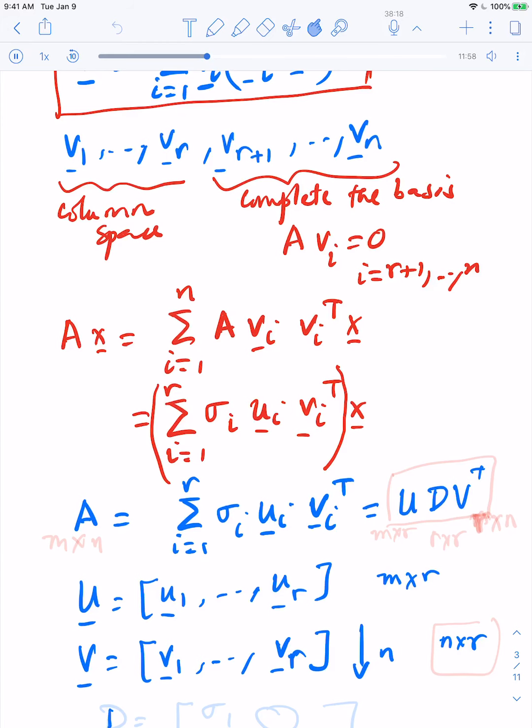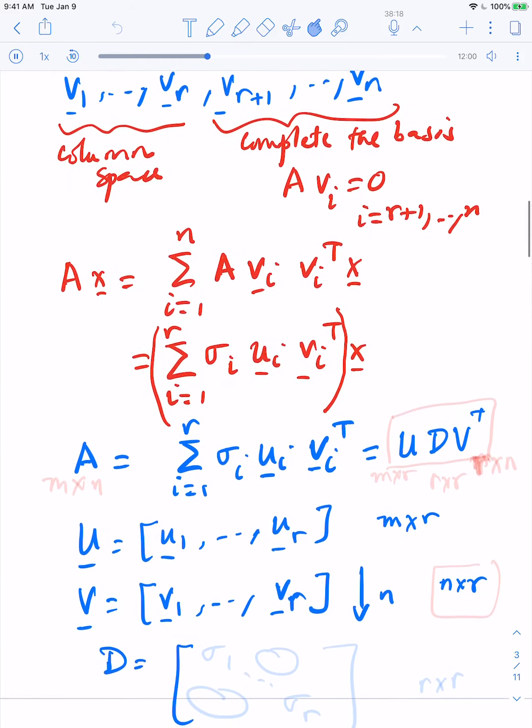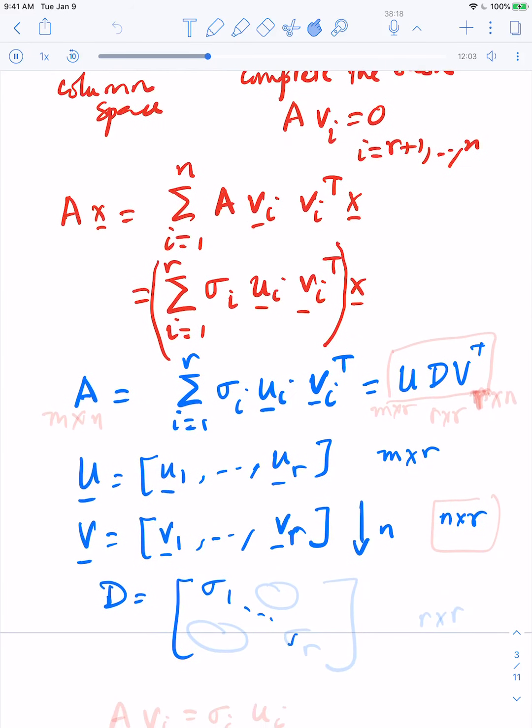You should verify that, where D is just a diagonal matrix that has these sigmas along the diagonal, sigma 1 through sigma R, zeros elsewhere, and of course this is R cross R. Just to verify that all these dimensions work out, you have M cross R for U, R cross R for D, and R cross n for V transpose, because V was n cross R. So you can see that this is M cross n, as you would want.